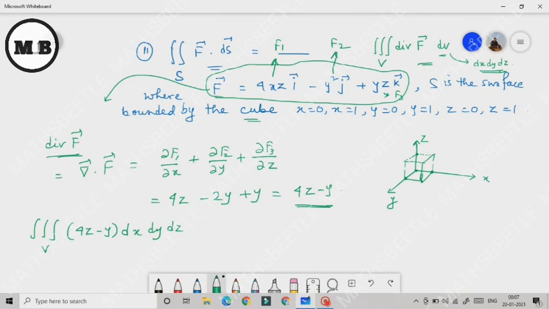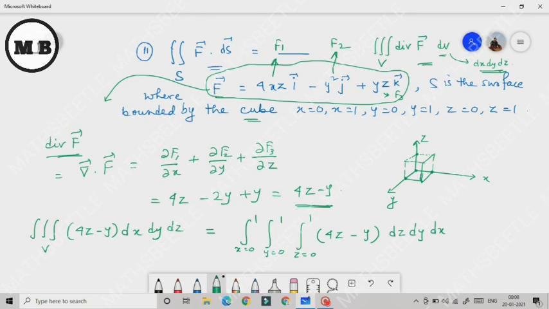So you have x from 0 to 1, y from 0 to 1, and z from 0 to 1 of 4z minus y dz dy dx.